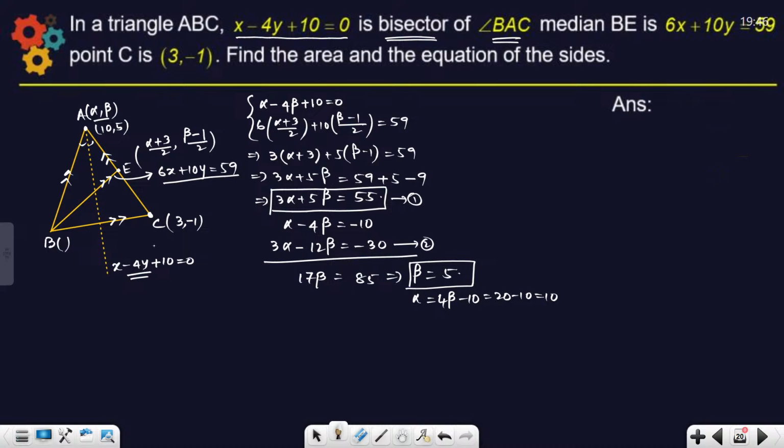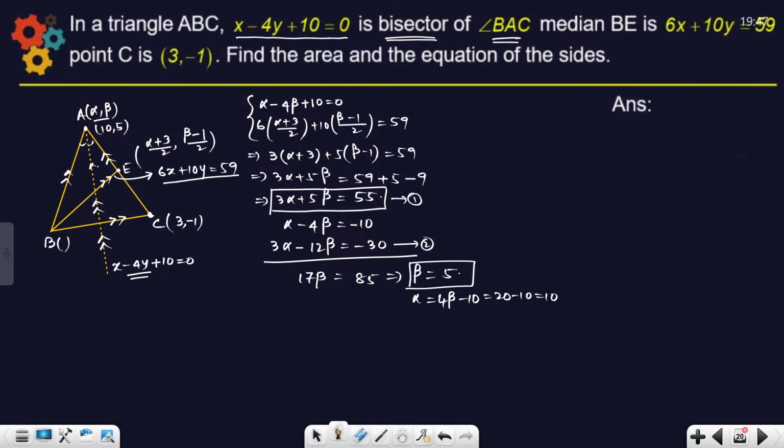Think about it. This one is the angle bisector. Yes or no? If this is the angle bisector, I can find the image of point C with respect to this line mirror. And that is going to fall on the side AB.